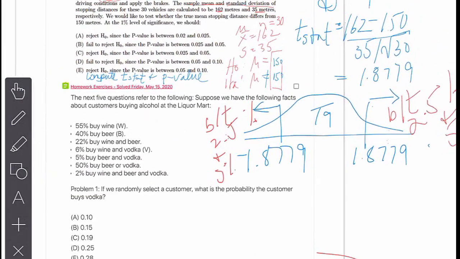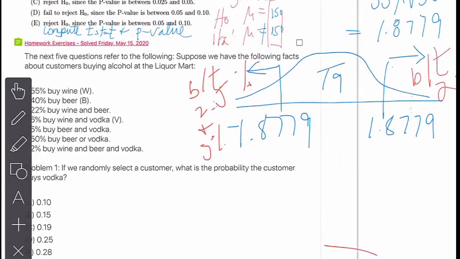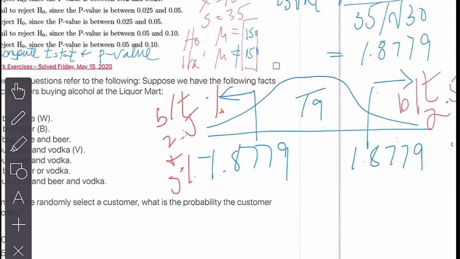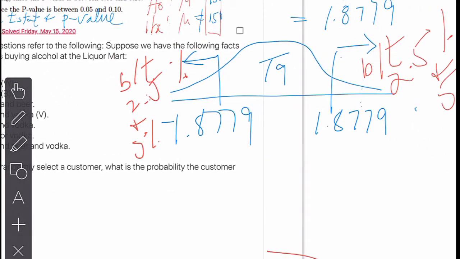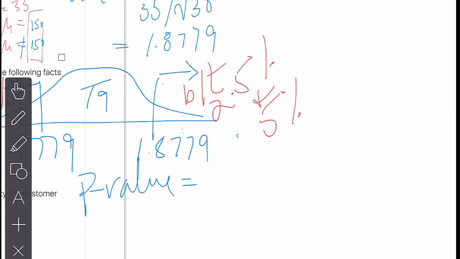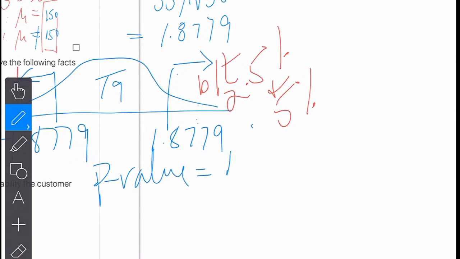Okay, so the p-value is actually, I'll just write it down here, between 5%, because I'm doubling it, and 10%.